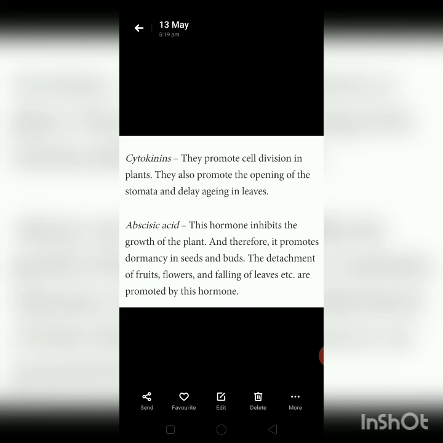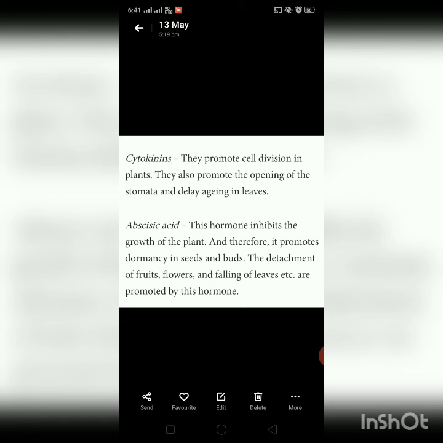You know about the stomata. Through the stomata, plants take in carbon dioxide and release oxygen. So cytokinins help in opening the stomata and delaying the aging of the leaves.